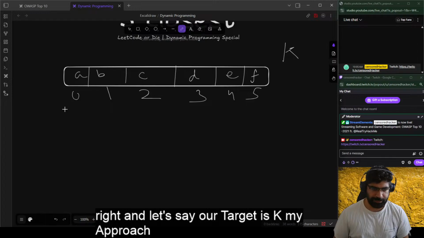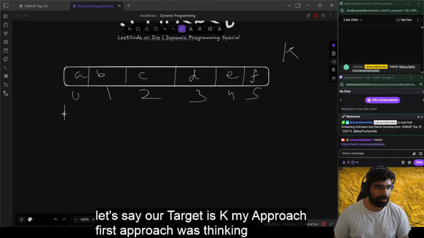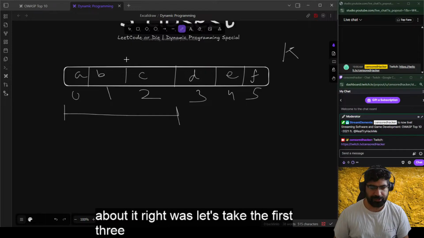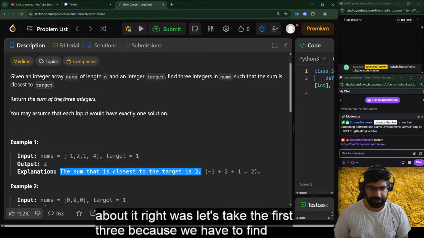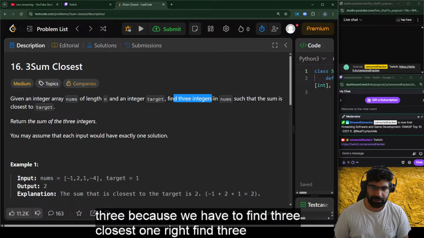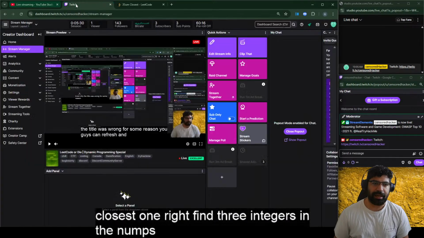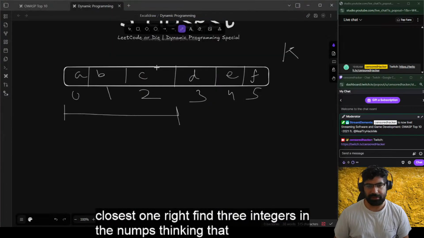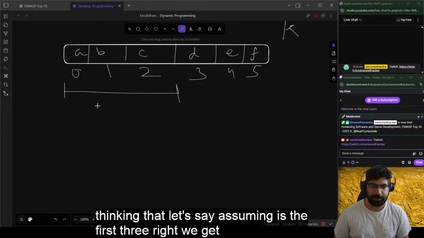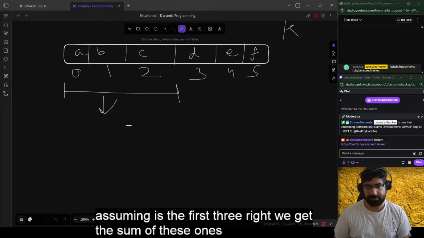My first approach, thinking about it, was let's take the first three, because we have to find the three closest ones, right? Find three integers in the nums, assuming it's the first three, right? We get the sum of these, let's say S1.